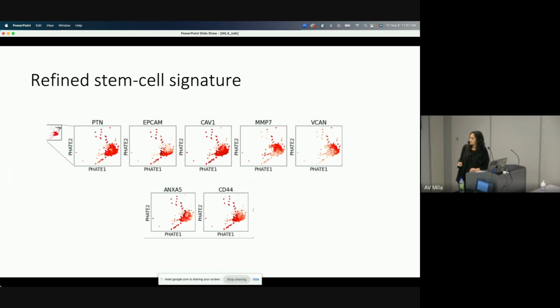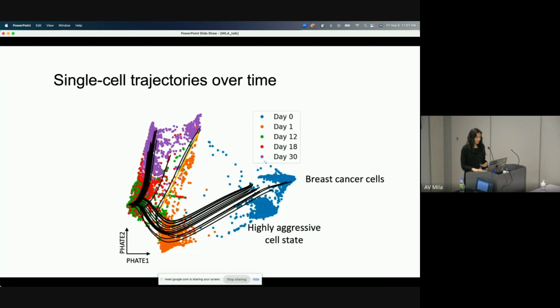So basically, if you trace back the cells that make it to the last time point, it seems that they come from an area of the cellular manifold that is characterized by these genes. And this we're actually able to validate. So in the preprint, which is online, you can take a look. We seeded cells that were high in EpCAM, CAB1, and CD44, and it turns out that even partially the signature enhances the ability for cells to transition. So that's one kind of analysis.